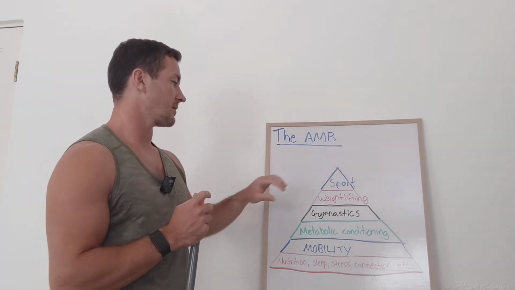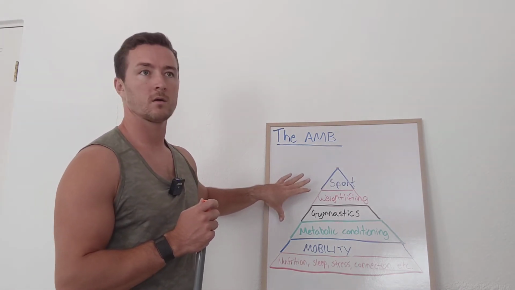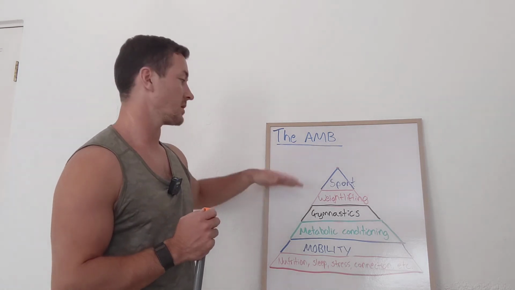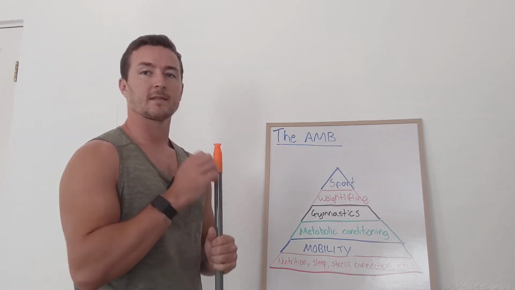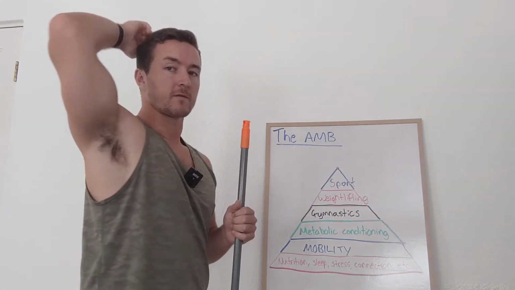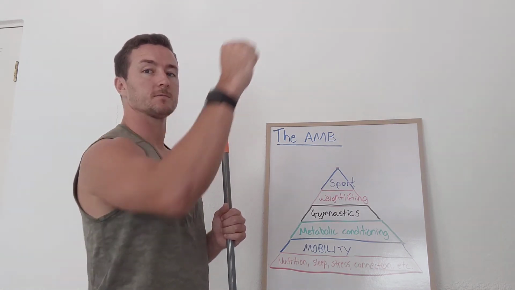Now, that doesn't mean that we can't train within our current range of motion in these other things. Let's take that athlete with the limited shoulder flexion. I can have them do an incline bench press.